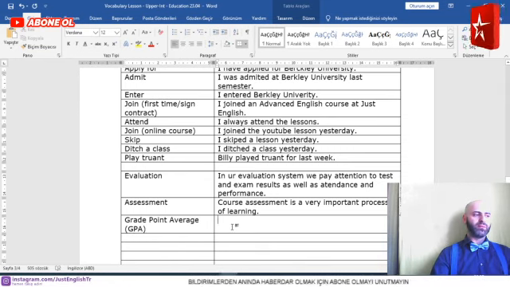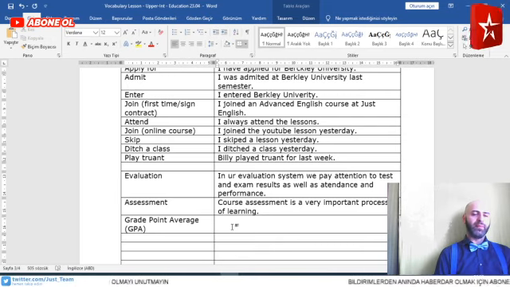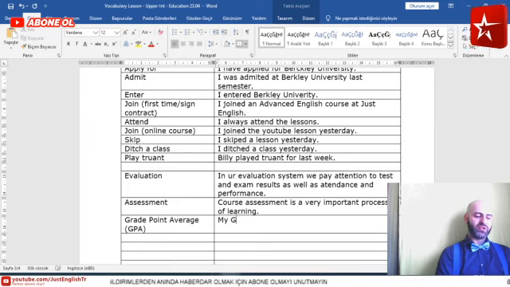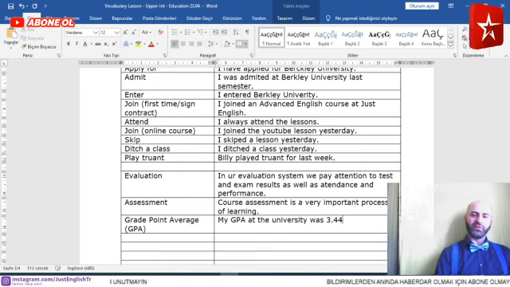Usually, there are two different types, 4-point evaluation and 5-point evaluation. Nowadays, in many countries, you will see 4-point or 5-point evaluation. And I will give you an example from my experience. My GPA at the university was 3.44. So this was my average score.